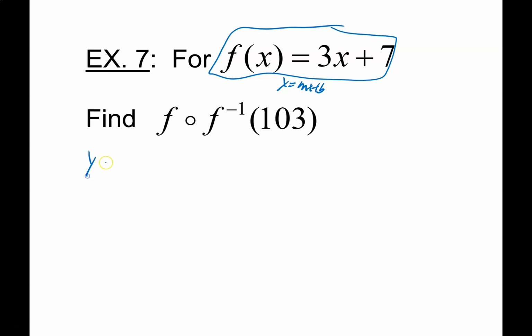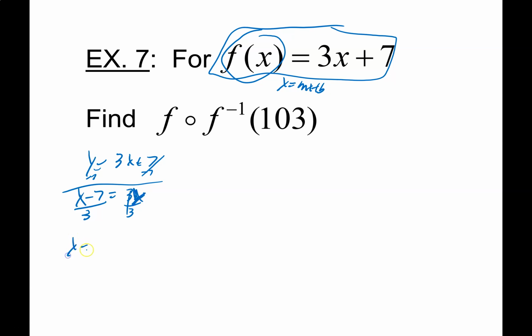So I'm going to replace this f of x with y equals 3x plus 7. I subtract the 7, and then I divide by 3. So I get, oh, no, I didn't switch the x and the y. Let's try that again.